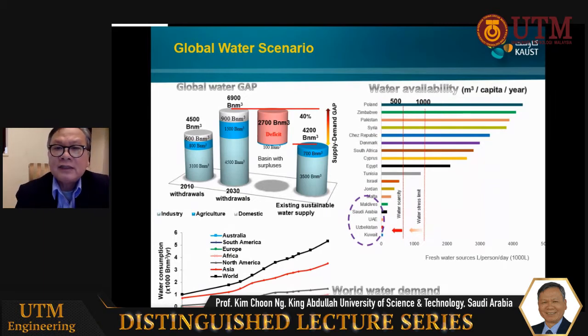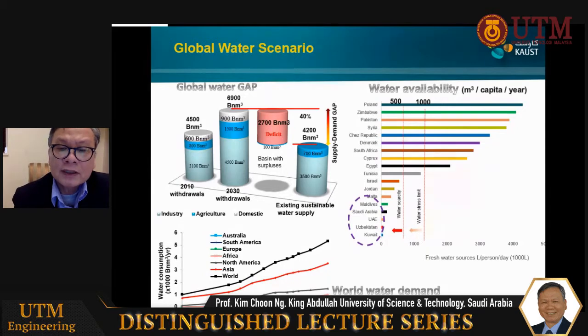In terms of the GCC scenario, the water availability in many countries is very low, typically less than the UN defined water scarcity level of 500 meter cube per capita per year. For example, Saudi Arabia, UAE, Kuwait, they are all less than 90 meter cube per capita from natural sustainable resources.